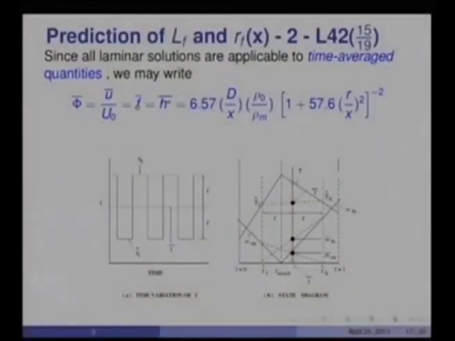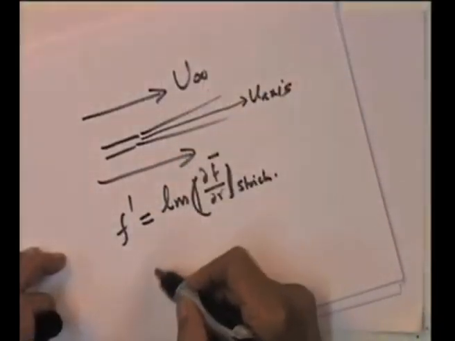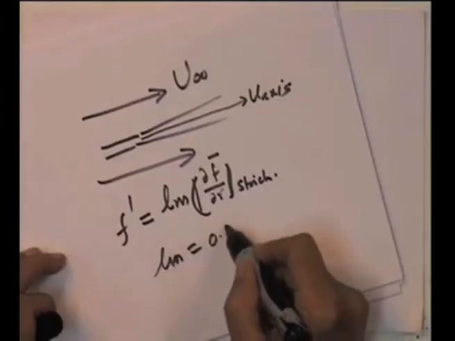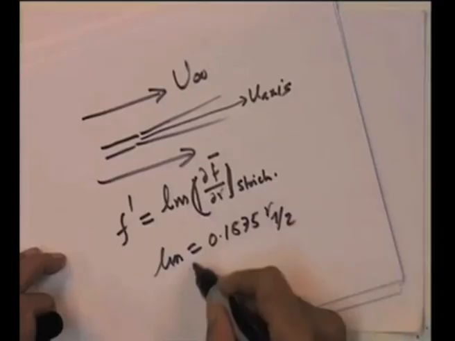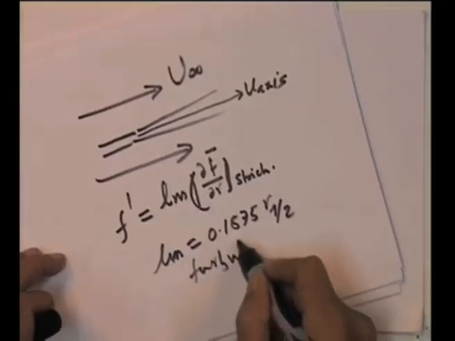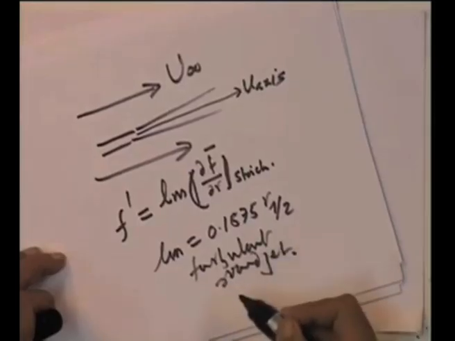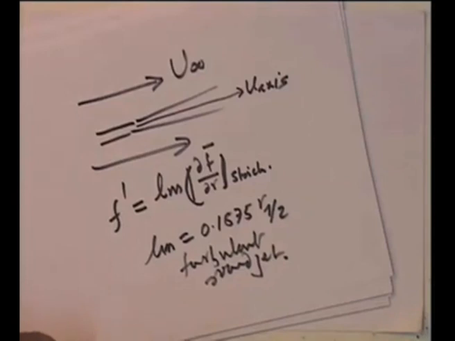So, you take a derivative of this with respect to r, and L m. Now, L m for a turbulent round jet is simply 0.1875 r half. This is found to fit the experimental data quite well.